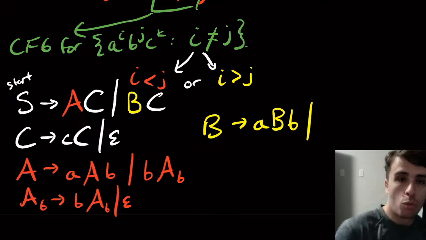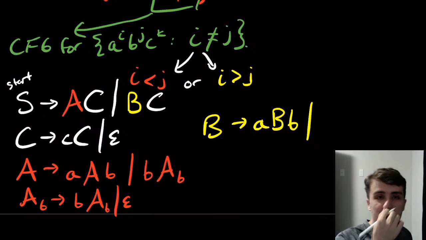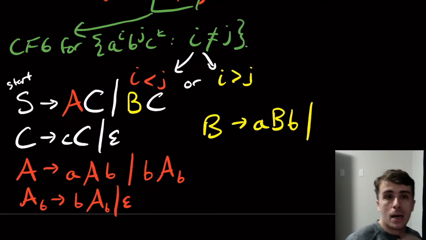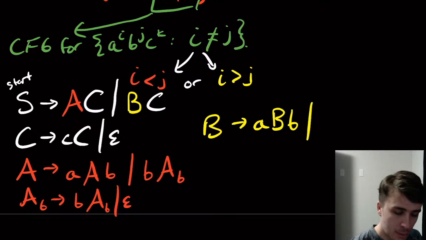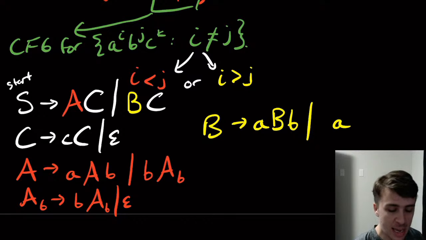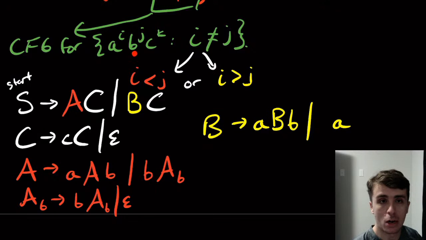So now what we actually need to do is produce another a here at least. But we need to produce it in a different way than what we did here. So the b's in this substring are at the end of the ab block right here. The a's are at the beginning.